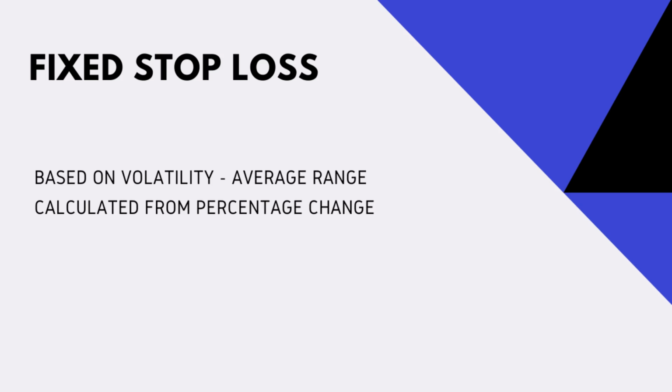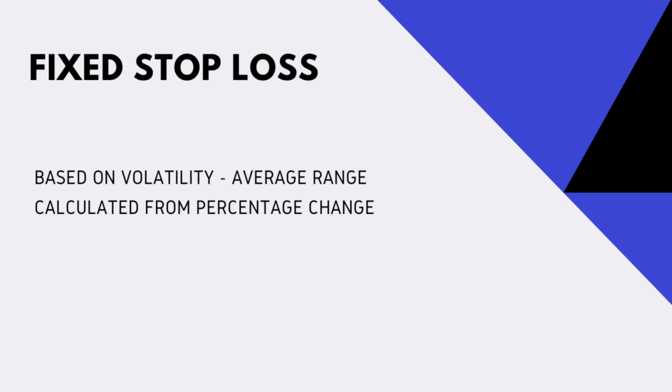Fixed stop loss order is based on volatility. So basically you're taking into consideration the average range of the instrument that you're trading. Let's say you're trading a stock, so depending on the time frame of your choice, you will be looking at an average range of the stock.